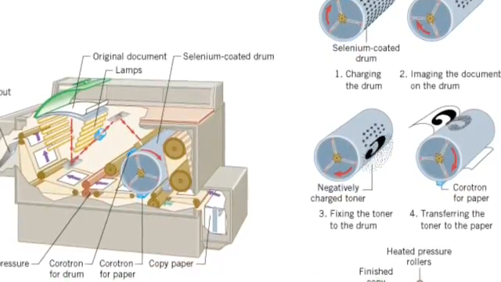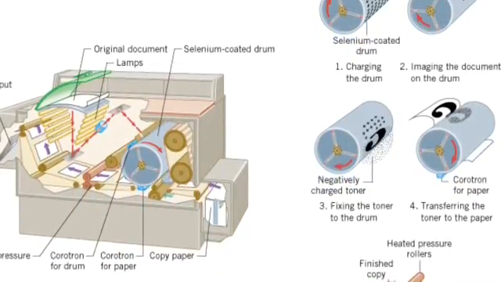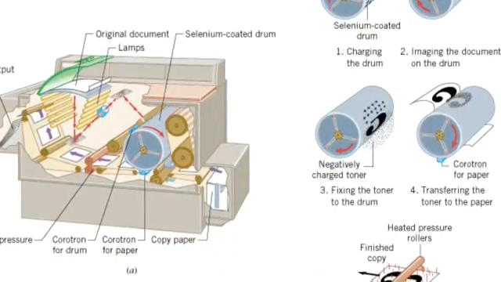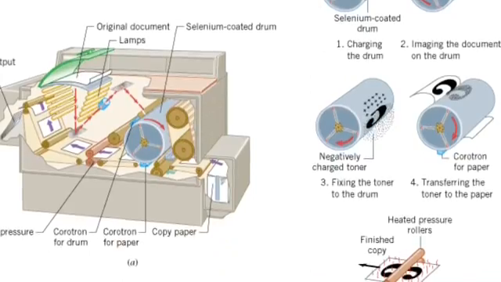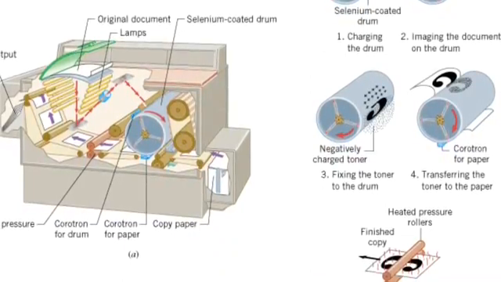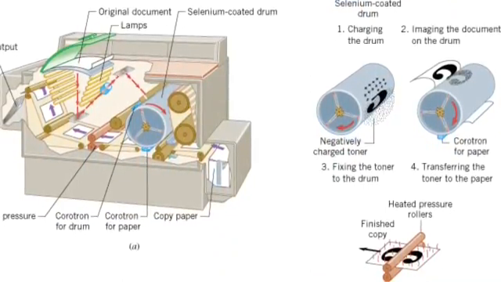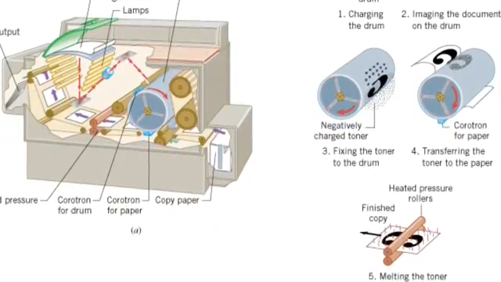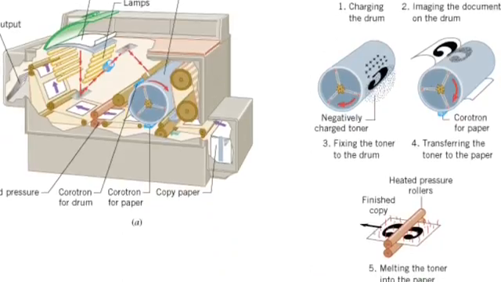The black powder toner is negatively charged, so it's attracted to the positive bits of the drum. The drum rolls, transferring the toner onto the piece of paper, making a black and white copy of the original, and the paper is then heated to stick the toner to the paper.